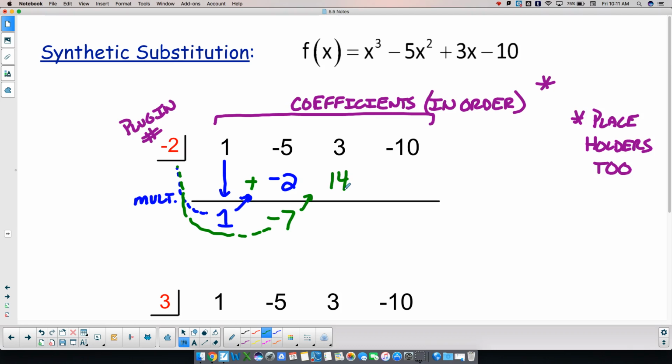Put it there. Add. Multiply those two. Put it there. Add.